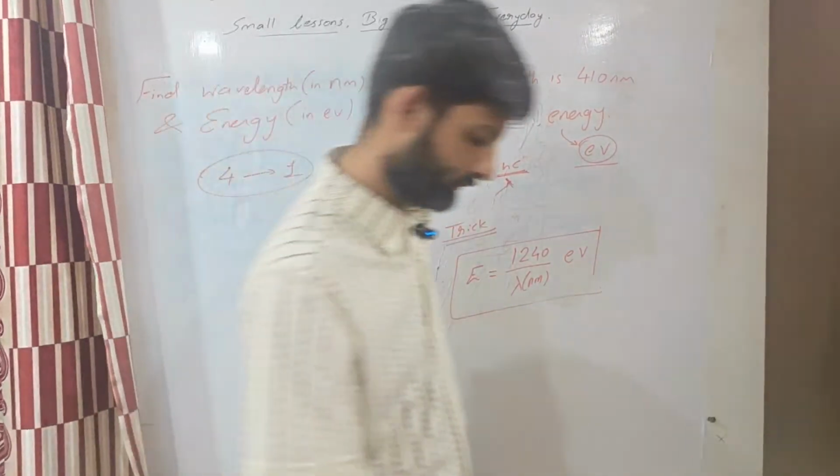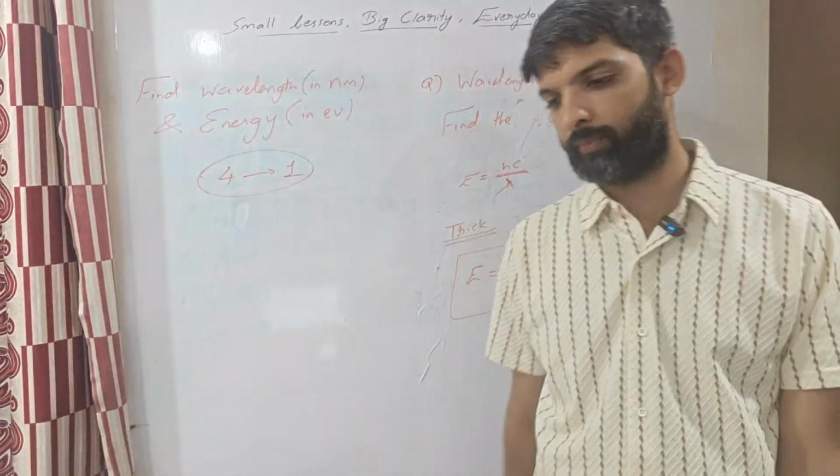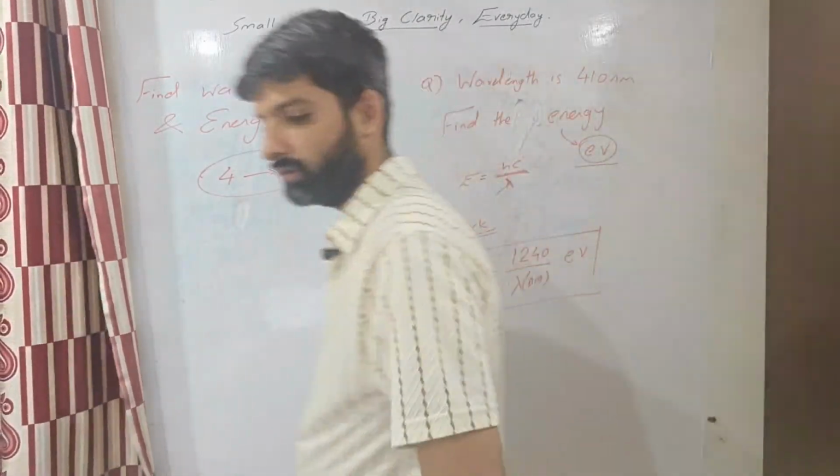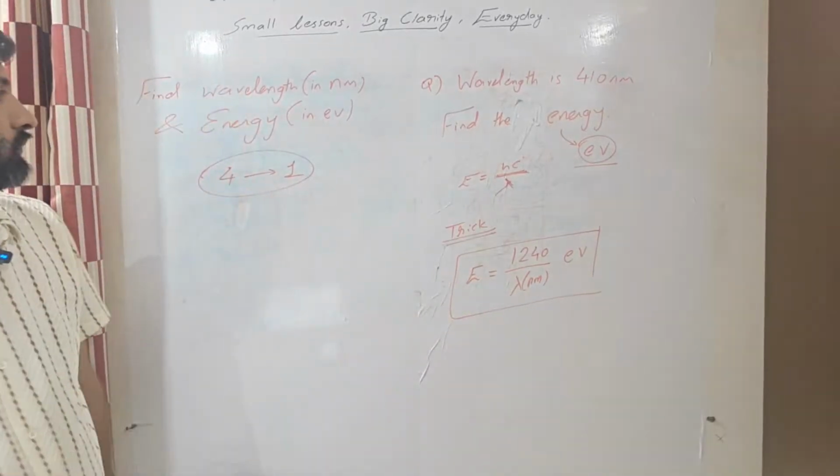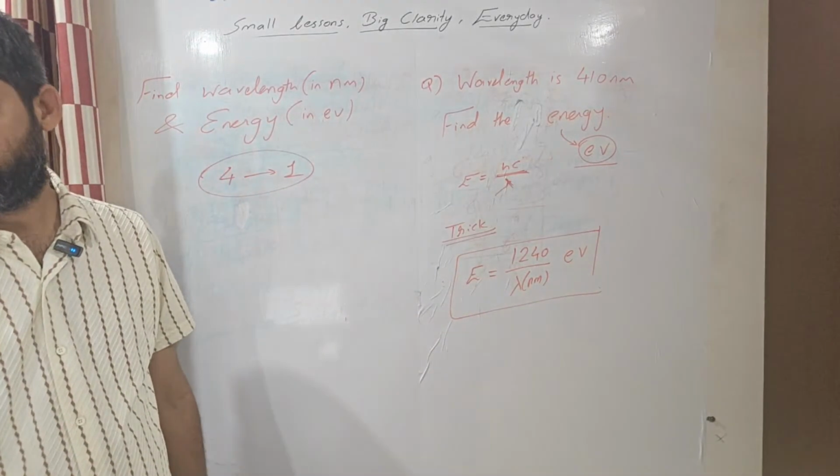You have both the formulas, the previous one and this one. Using that, you can quickly solve it for 4 to 1.